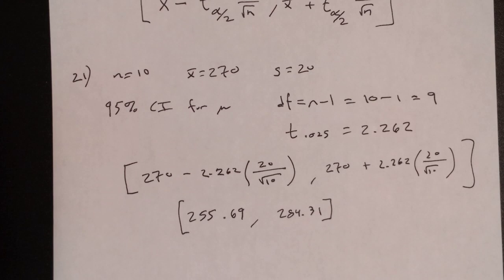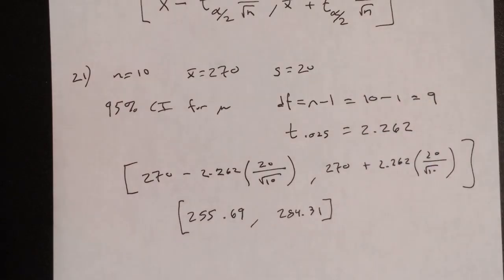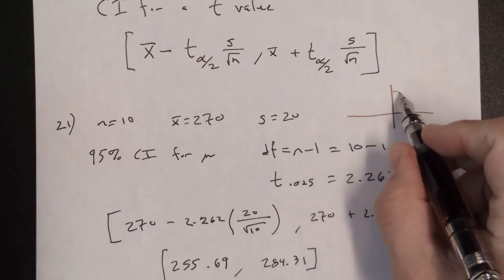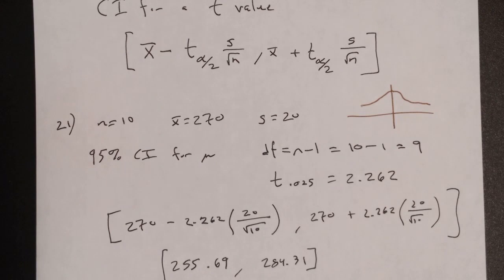Questions? That's just what the number is at the edge of the interval. So for the t distribution, which is going to look like a fat tail version of our normal, right?